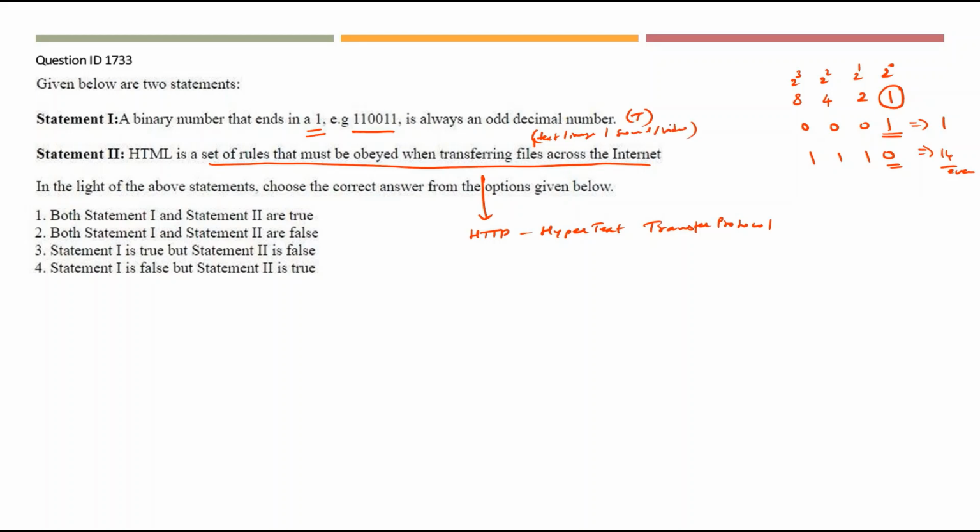Then what is HTML? HTML is a markup language. It is hypertext markup language for creating web pages. They have given the definition of HTTP using the term HTML. We can conclude that statement 2 is false. Option number 3, statement 1 is true and statement 2 is false, will be the right answer.